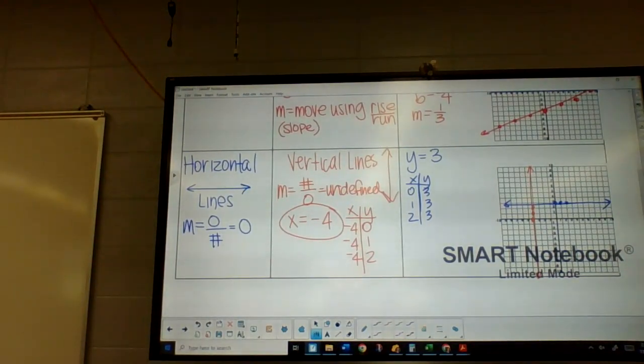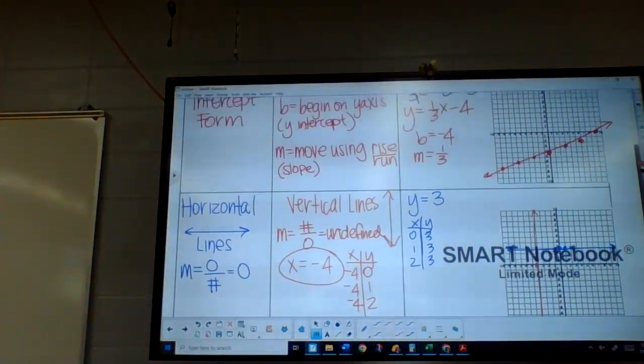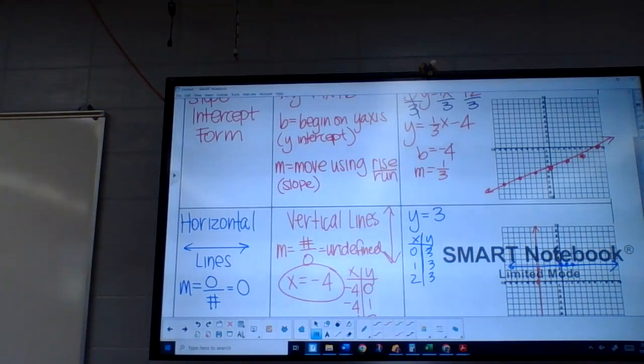Well, real quick, before I put the homework on here, I want to remind you for slope-intercept form, there's the questions from the review that we're going to do.